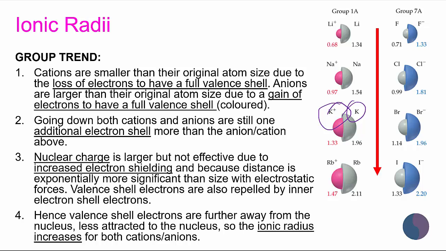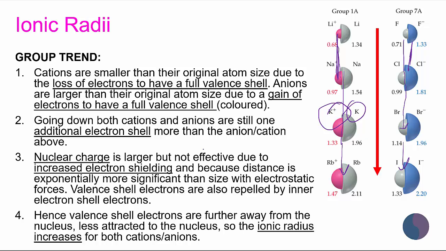So you can see the blue, they're all getting larger, and the pink, the ions have all gotten smaller. This is going down. Both cations and anions are still getting larger, because even though they've all dropped a shell here, they're still getting 1 more extra shell. And even though they've filled up their shell, they're still gaining 1 extra shell as well.